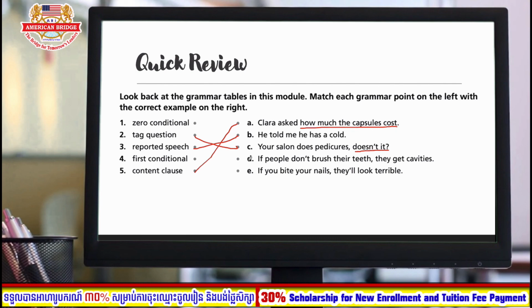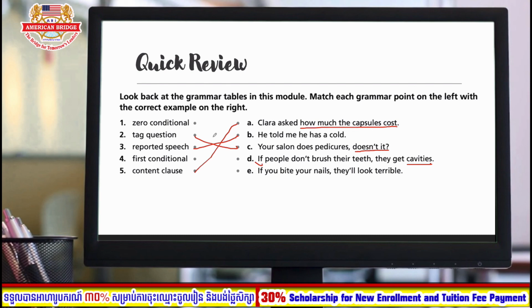Letter D, if people don't brush their teeth, they get cavities. Do you remember the word cavities, which is a hole in your tooth, right? In this structure we start with the word if, so we automatically recognize the conditional sentence. But what type of conditional is it, whether it is the zero conditional or the first conditional?